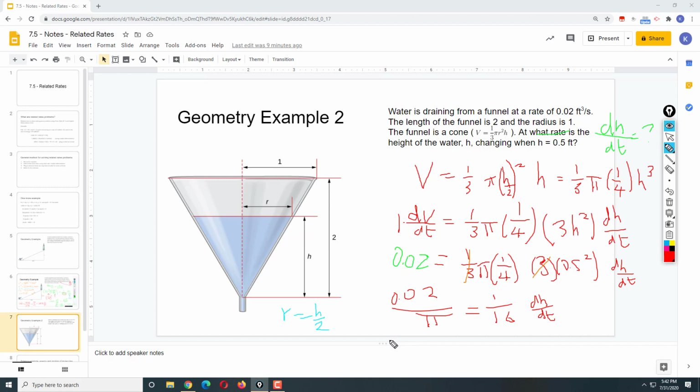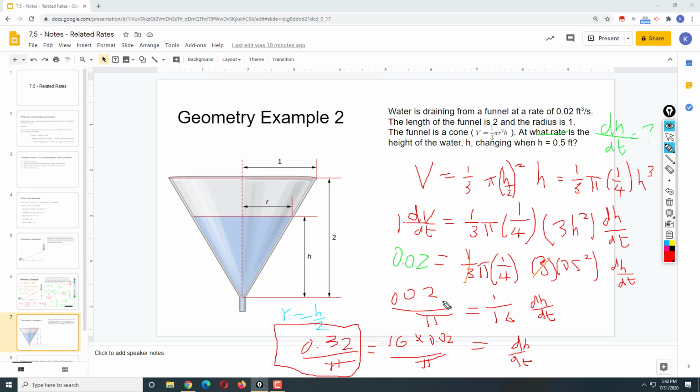Multiply both sides by 16, so we know that dx over dt is 16 times 0.02 over pi. 16 times 0.02 is 0.32. So all of this is equal to 0.32 over pi. So that's the rate at which height is changing.